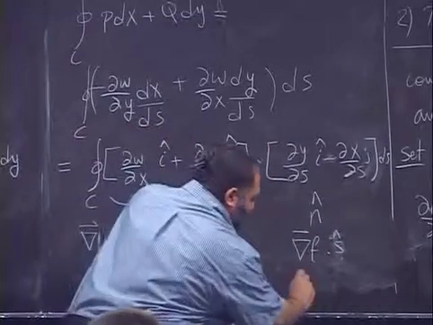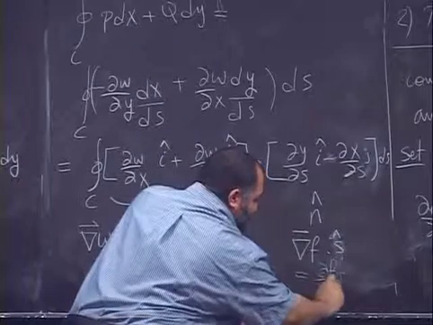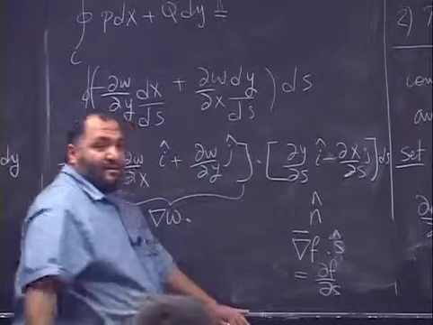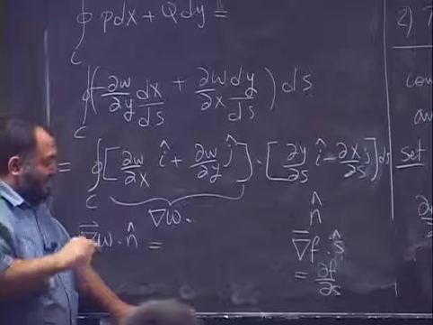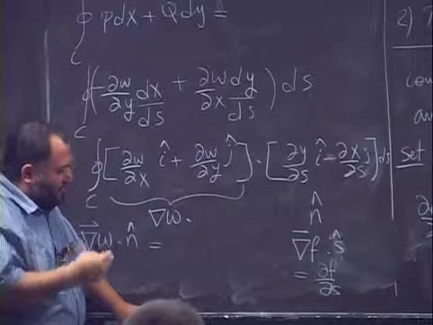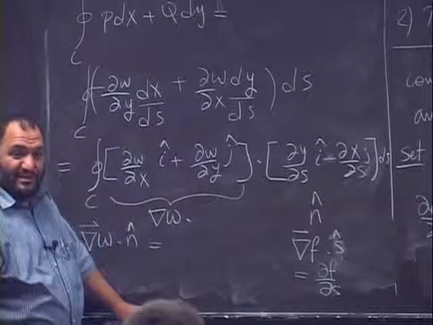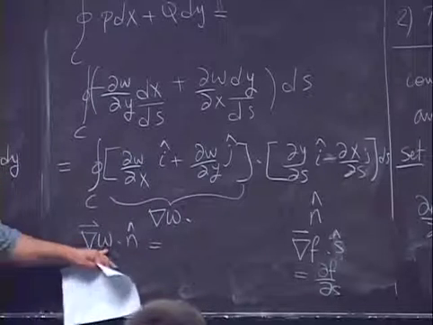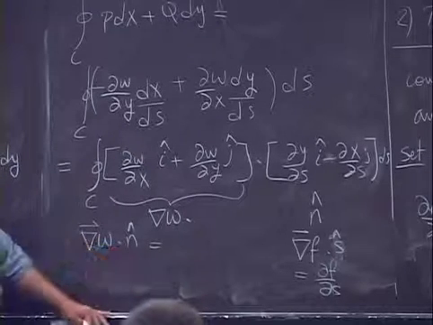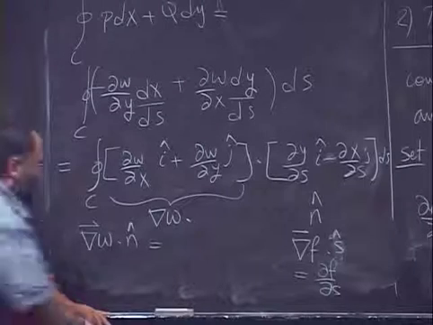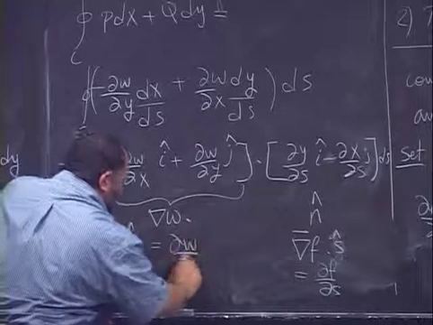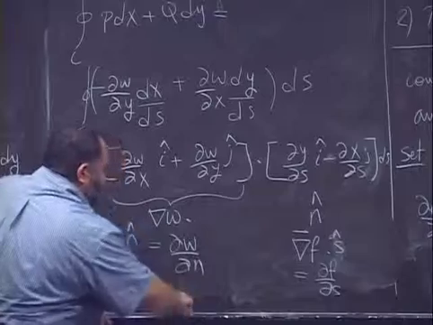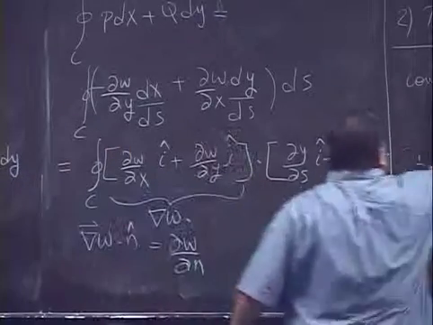I told you last chapter this is df by what? It will be the rate of change of the function f in the direction of s. So this is again gradient of omega dot n. So this will be d omega by dn.